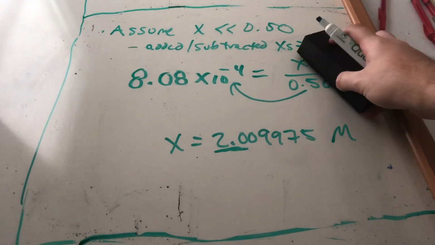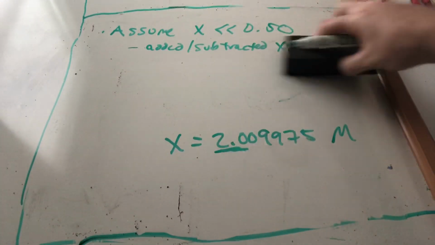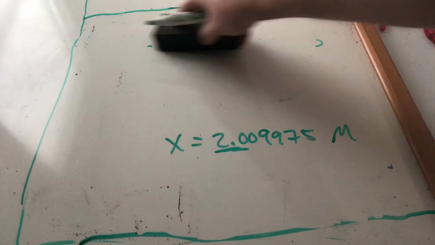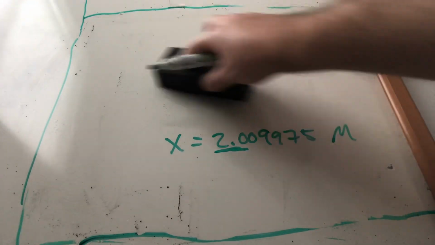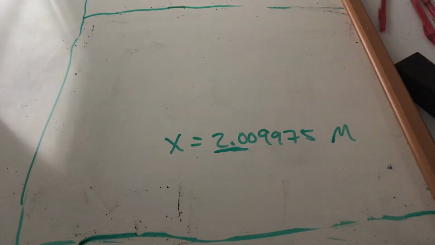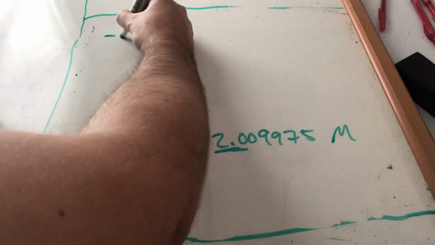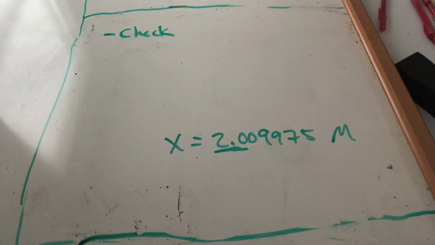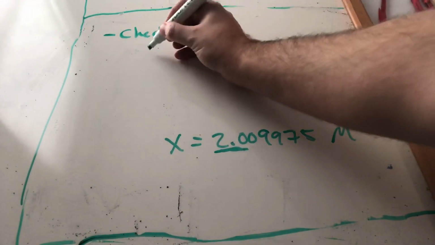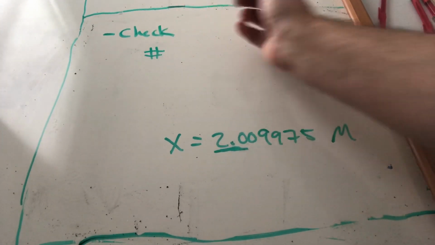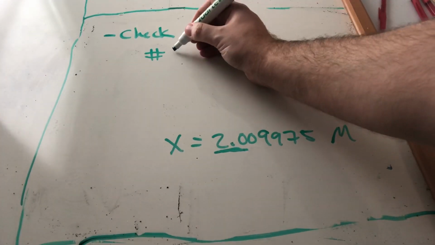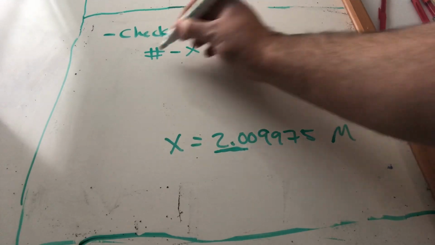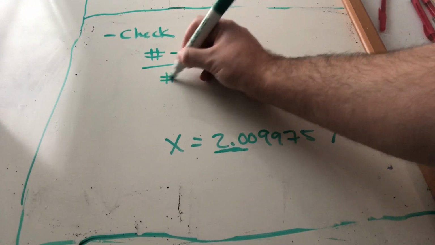Why we call this the 5% rule is because at the end of these problems, just to make sure you didn't miss anything, you're going to do this check. What you're going to do is find the number where you neglected your x, and then you're going to add or subtract your x to it, divide by that same number.